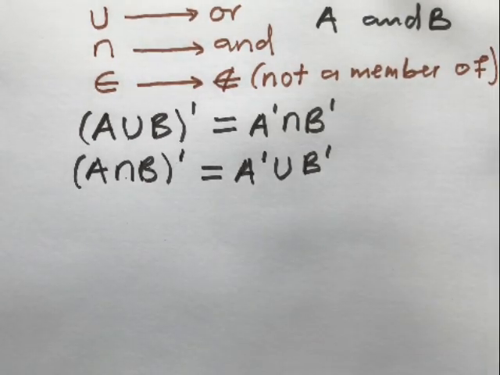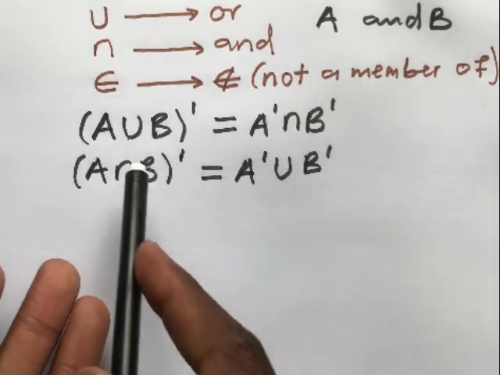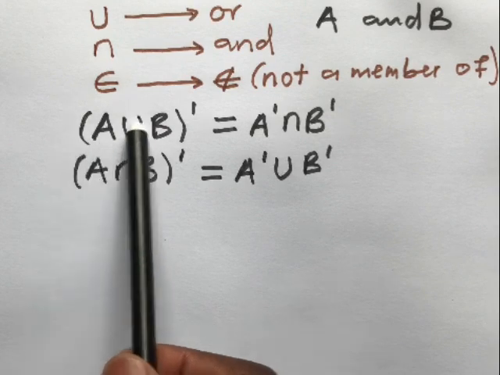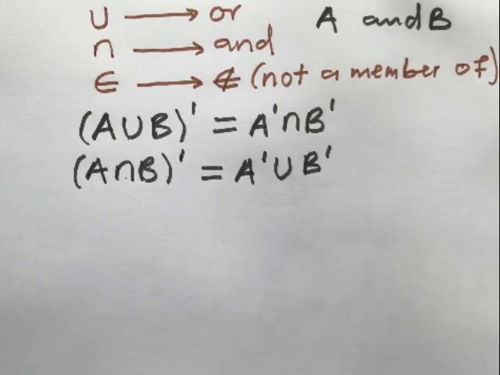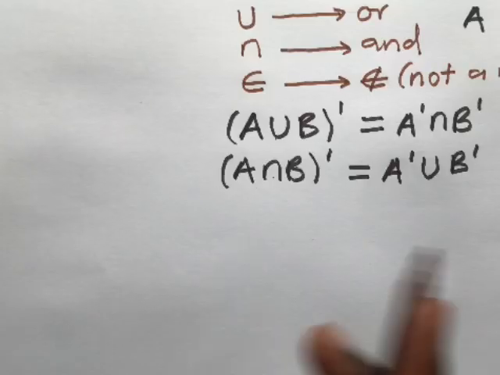Now, how do you handle this type of equation? Suppose they tell you to prove De Morgan's law. What are the steps you are likely to take whenever you want to solve questions under De Morgan's law? We'll try to solve an example.